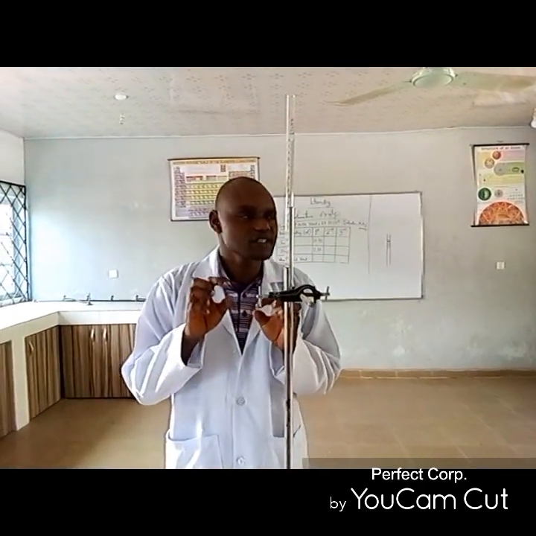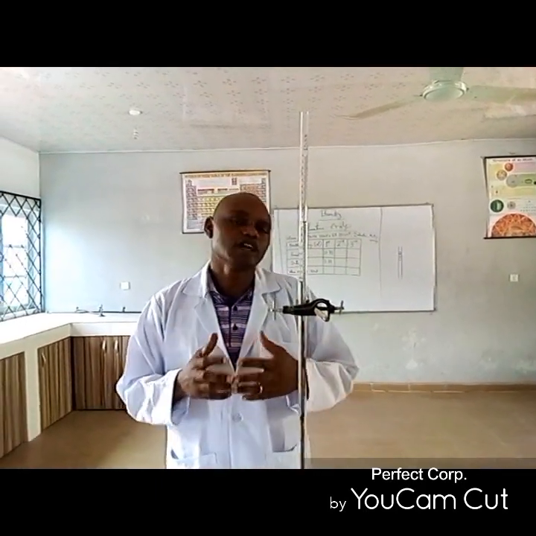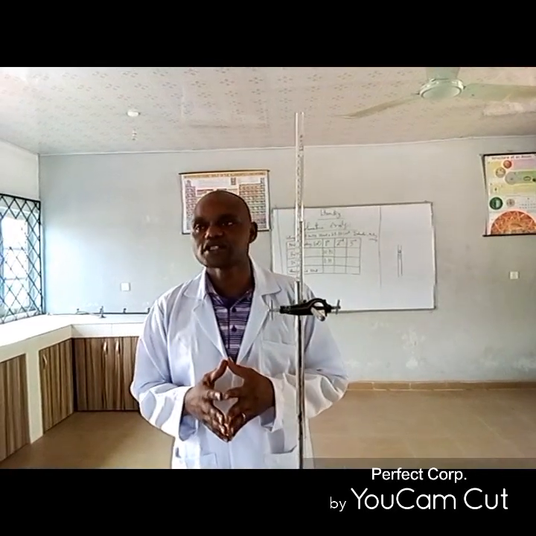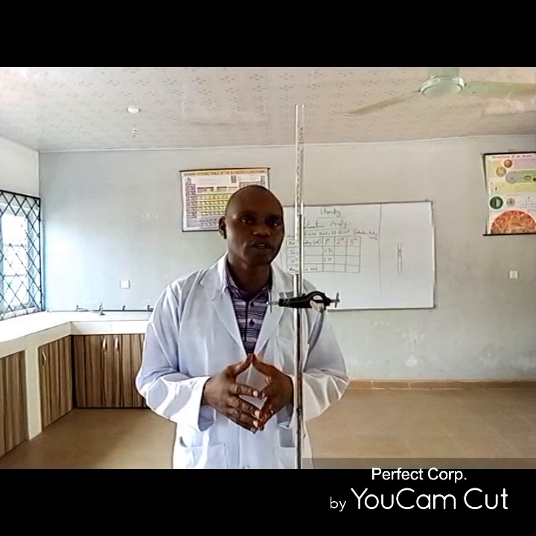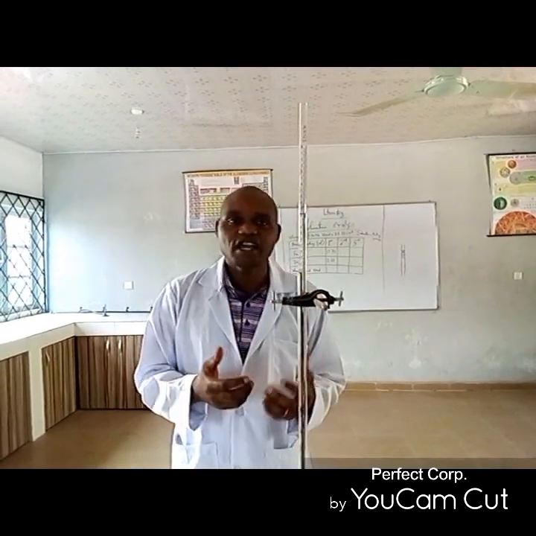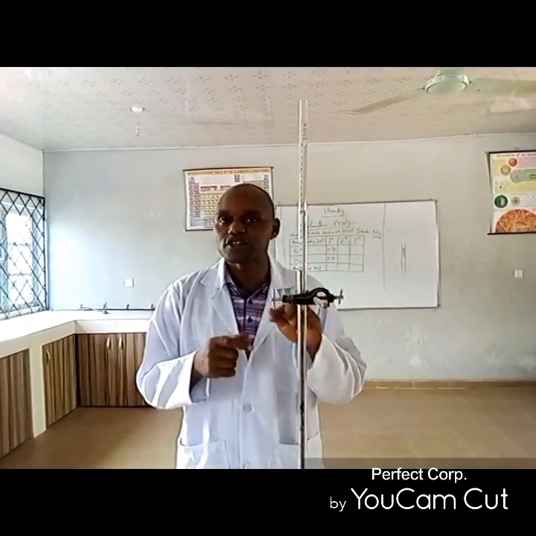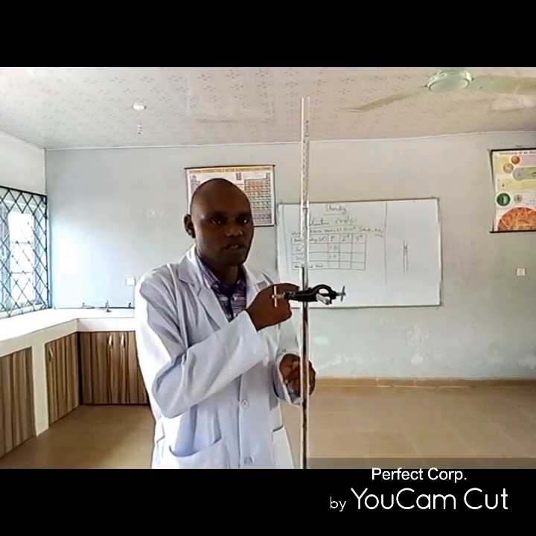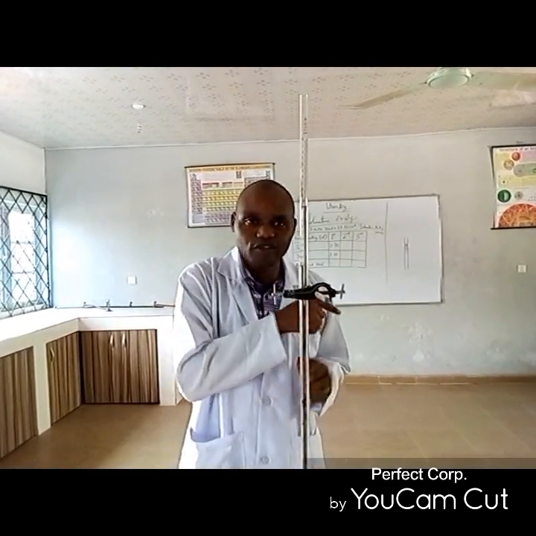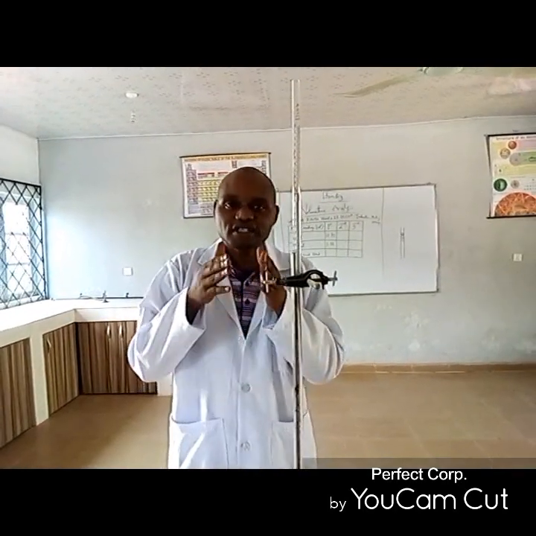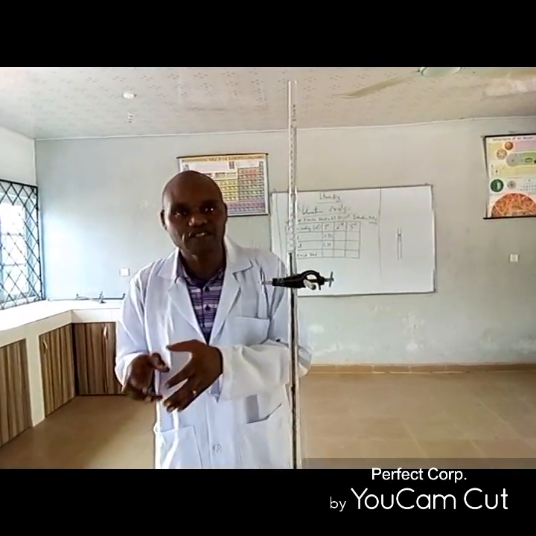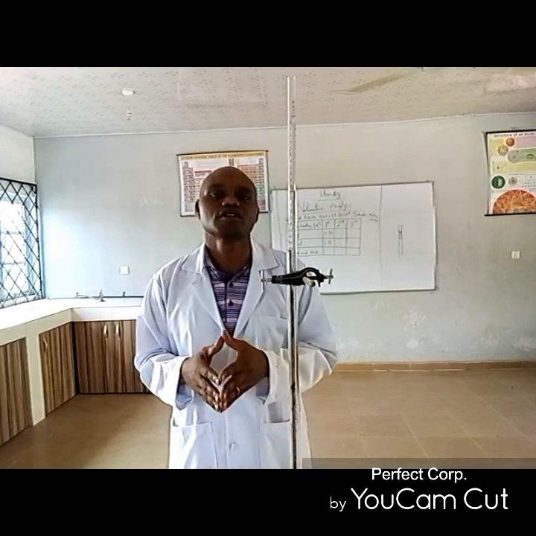Now for that second initial reading, what I do say most times is it depends on the individual. For example, I might decide to use this 10.70, my final reading for the first titration, to be my second initial reading for the second titre value.